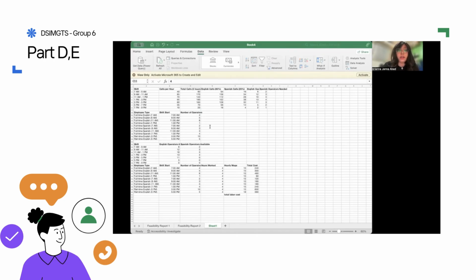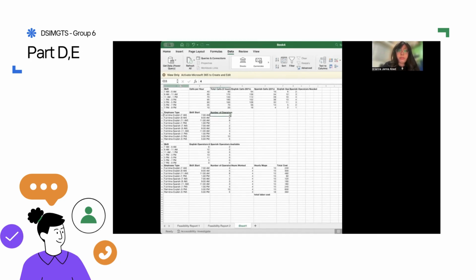So to solve this, we input the call forecasts, operator requirements, and labor costs into Excel. We create tables for call volumes, operator availability, and labor costs.